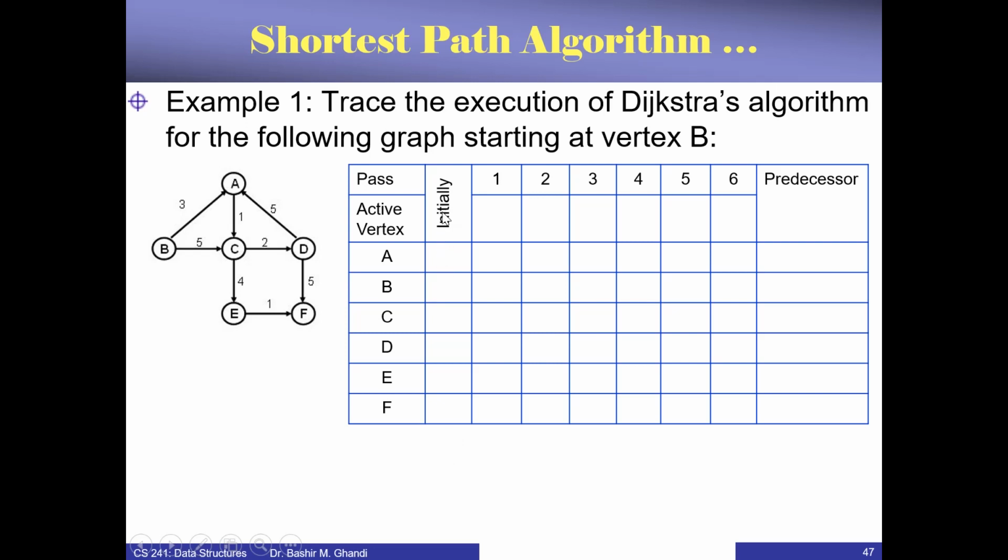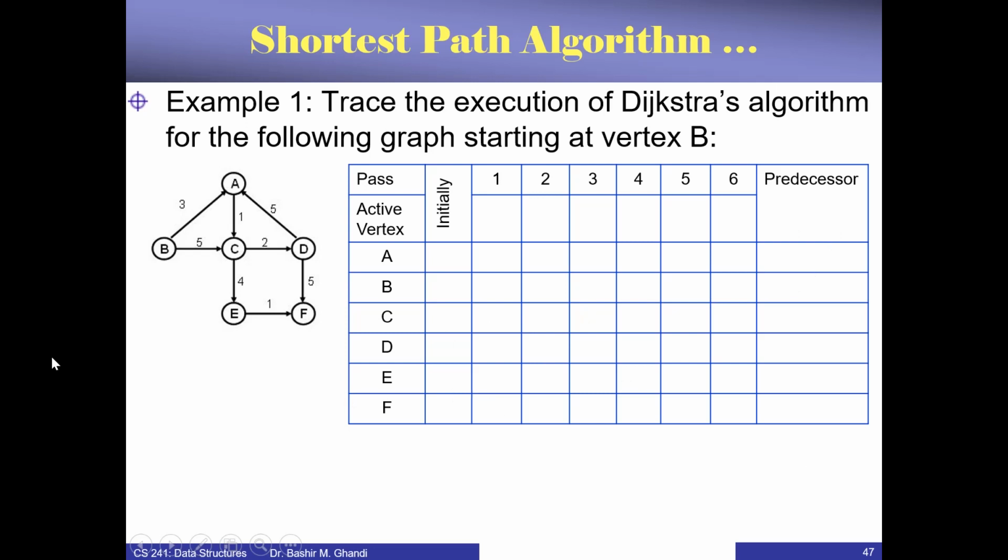As mentioned before the loop in the algorithm, the cost of the starting vertex will be 0, but for all others it is initially infinity. In each iteration, we will find one minimal value, finalize it, and identify its predecessor, make it the next active vertex, and repeat the process until we finish. So this is the table, and you can be guaranteed that it is going to be given to you.